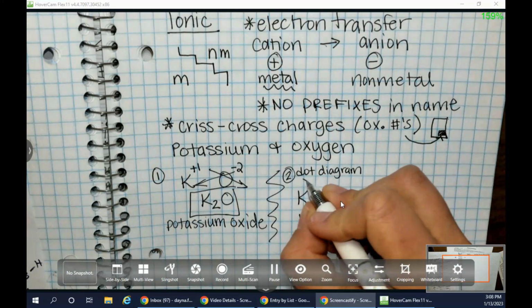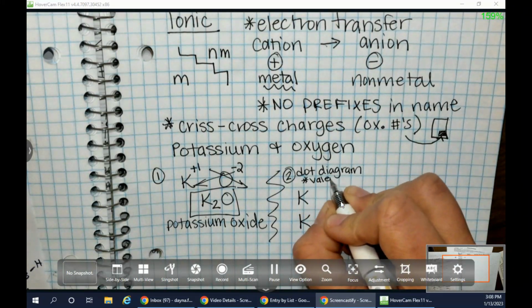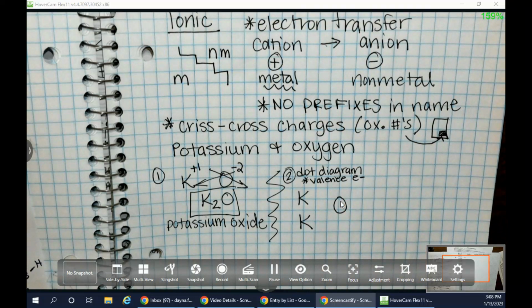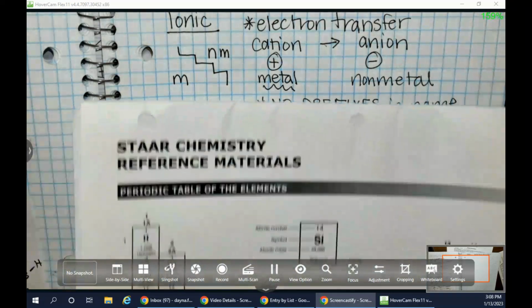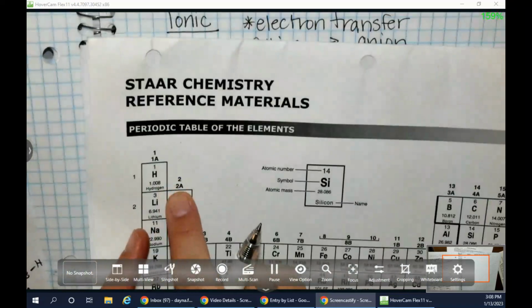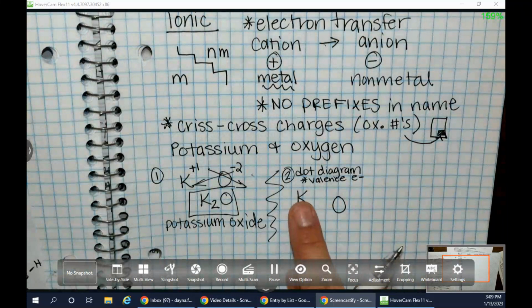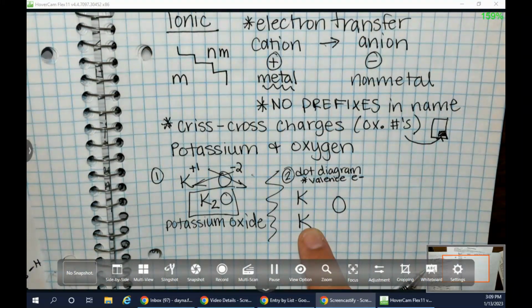You need to find their valence electrons. Okay? This is not the same thing as their oxidation charges. Their valence electrons, remember, on your periodic table are indicated with the A's. So potassium is in group 1, that's 1A.